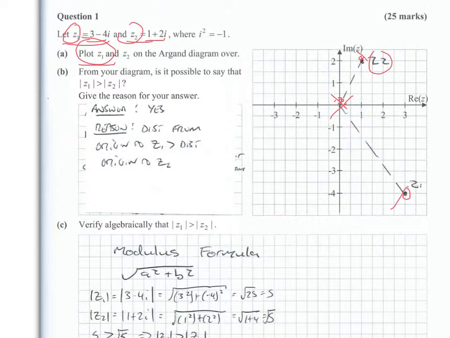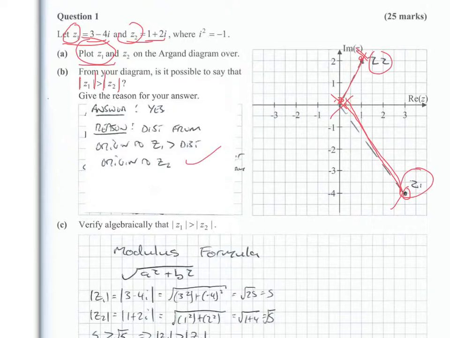And then they asked you, from your diagram, is it possible to say that the modulus of Z1, the distance of Z1 to the origin, is greater than the modulus of Z2, the distance from Z2 to the origin? Is it possible to say that? Well, here's Z1, that is greater than this distance Z2. So yes, it is, and that's why.